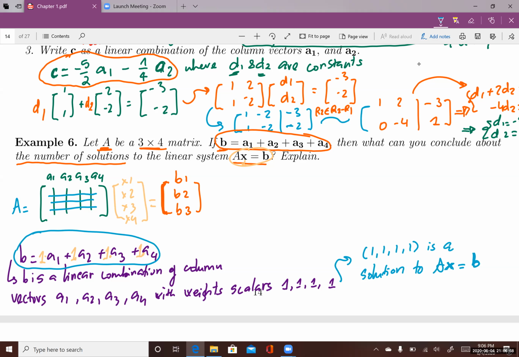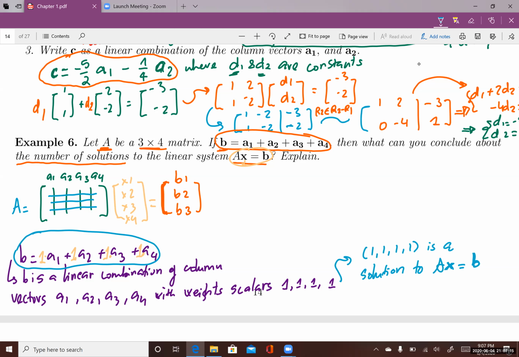Okay. Because if you plug 1, 1, 1, 1 in, the column vector is A1 times X1 plus A2 times X2, so on and so forth.